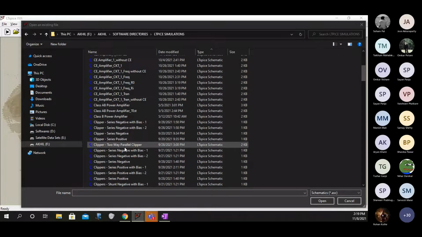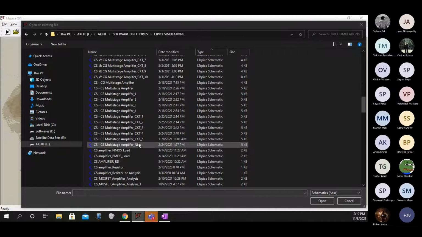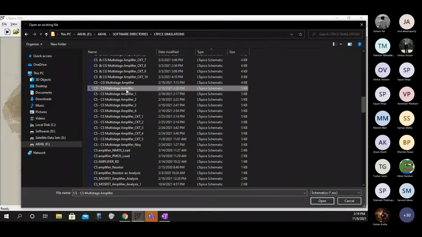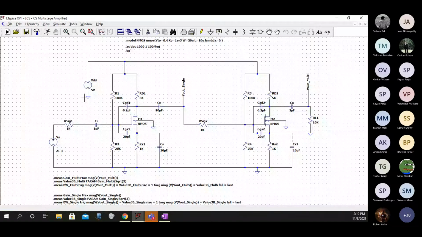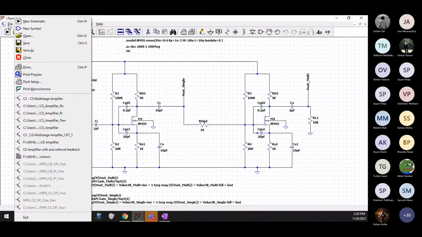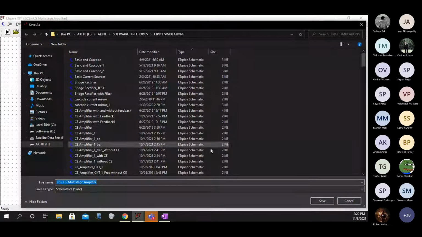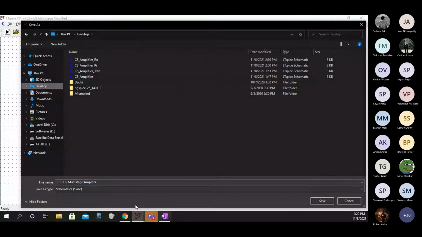So let me open CS. I'm just opening this and saving it with today's name.